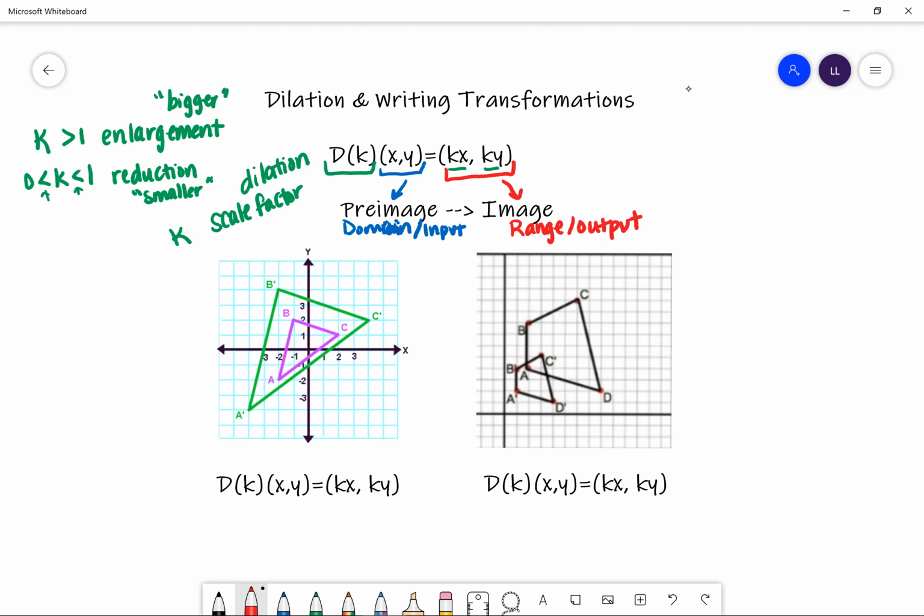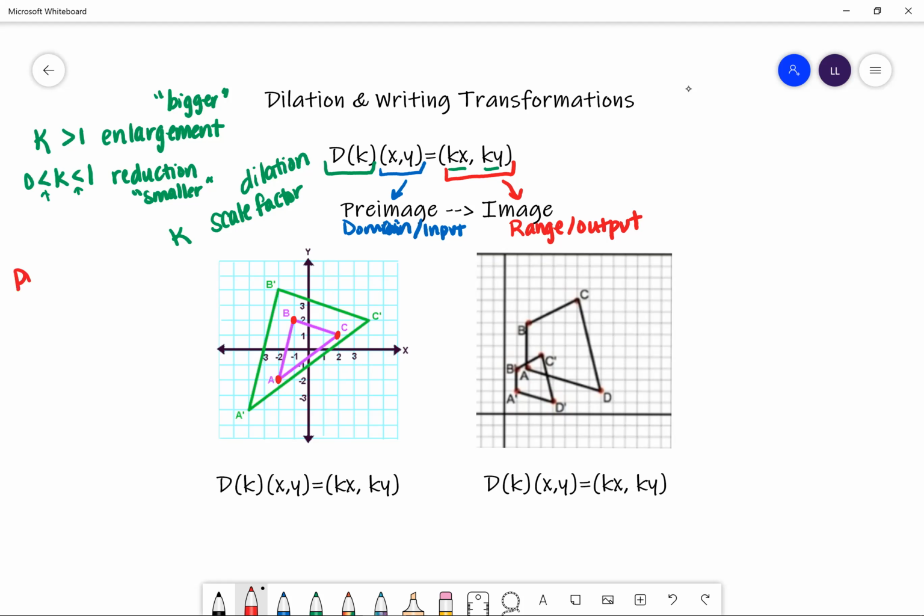First things first, remember I said we can look at a picture and see whether it got bigger or smaller. So let's look at that. Here we have the points B, C, and A for this triangle. If you notice, the smaller triangle doesn't have the primes, but the bigger triangle does. Remember, the smaller one is the pre-image.